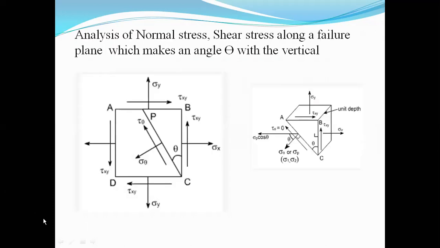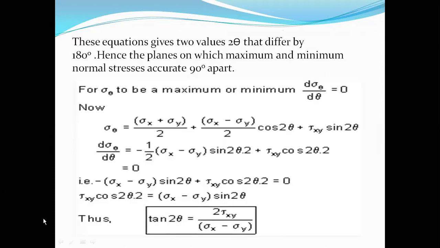These equations give two values of 2 theta that differ by 180 degrees. Hence the planes on which the maximum and minimum normal stresses occur are 90 degrees apart.